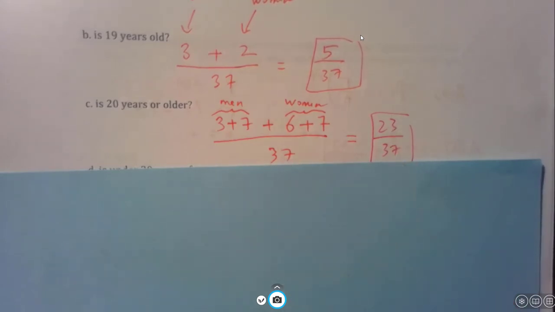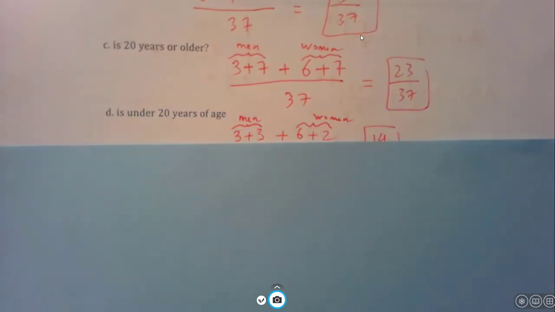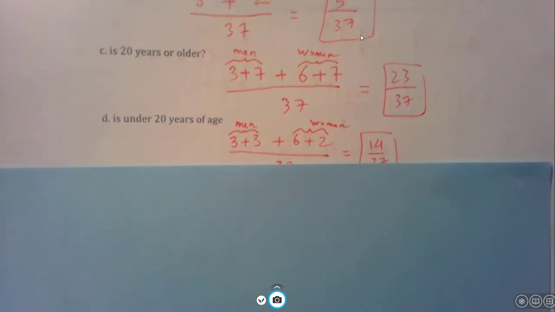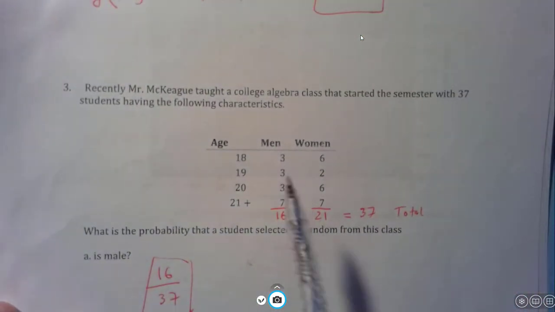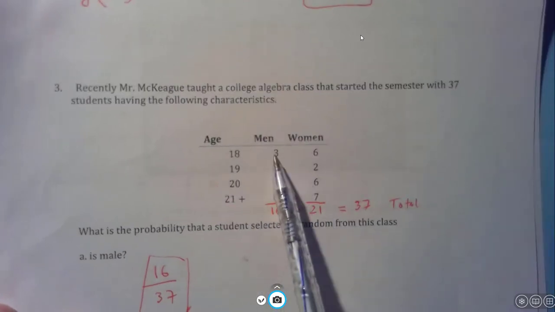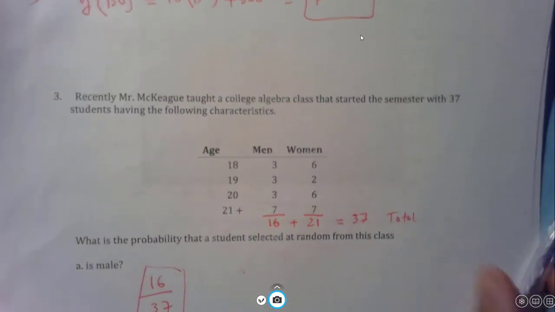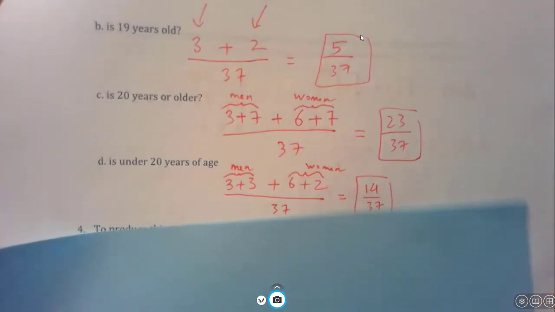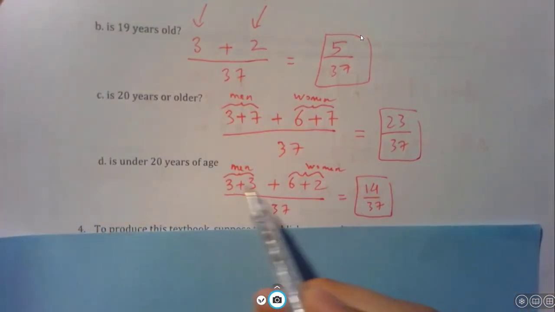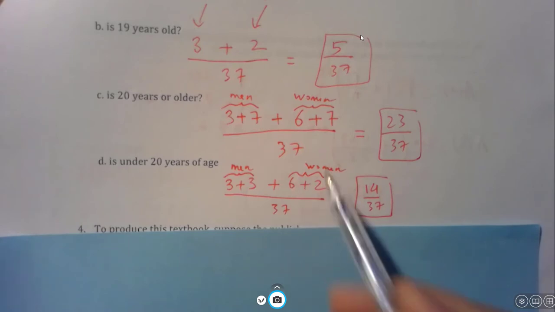So 23 over 37. Under 20 years of age, this is again a similar problem. Under 20, so we focus on the first two rows. So now I add them, the first two rows, 3, 3, 6, and 2. 3, 3 for men, 6 and 2 are from women, and then out of 37.